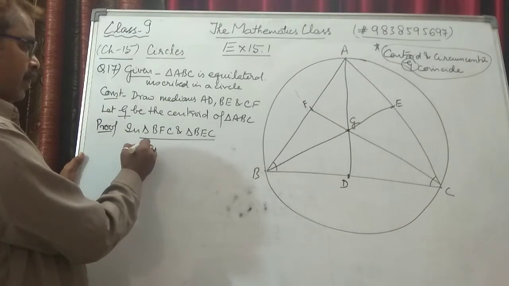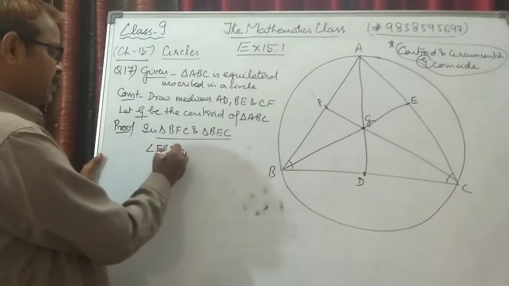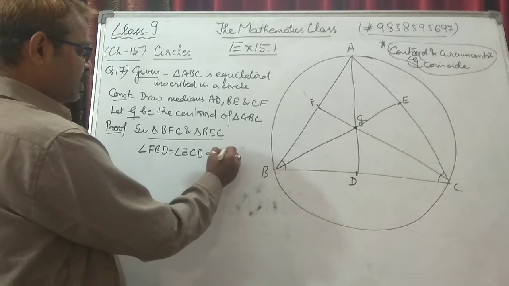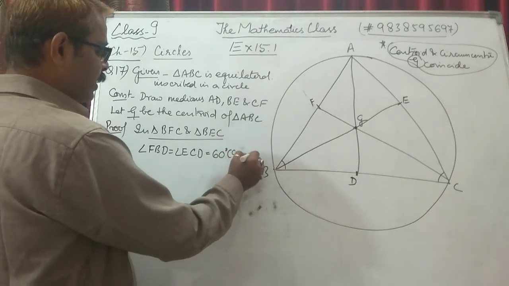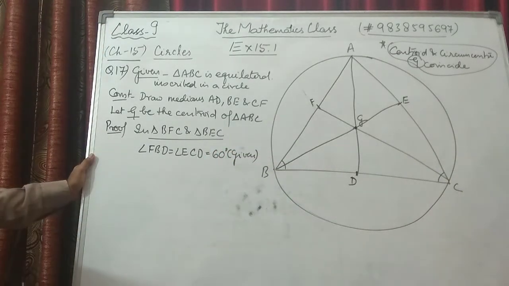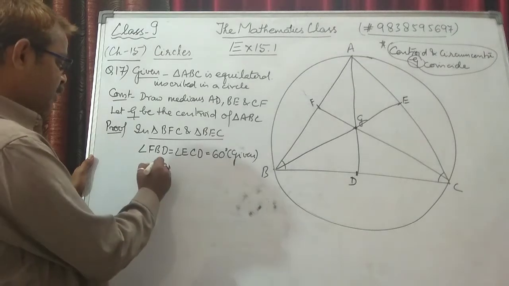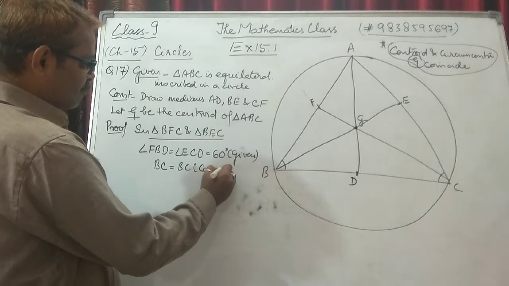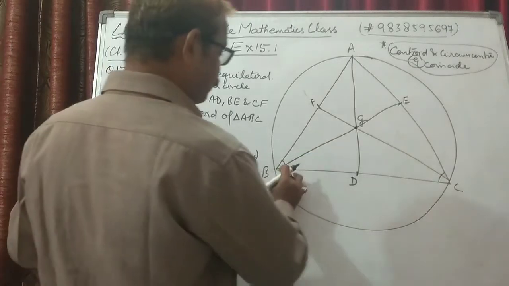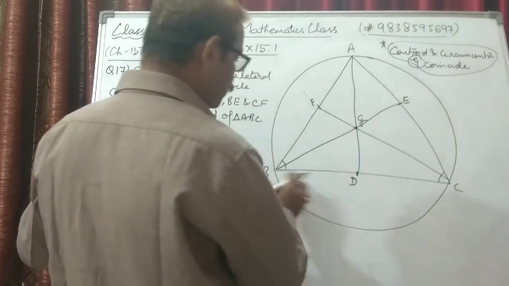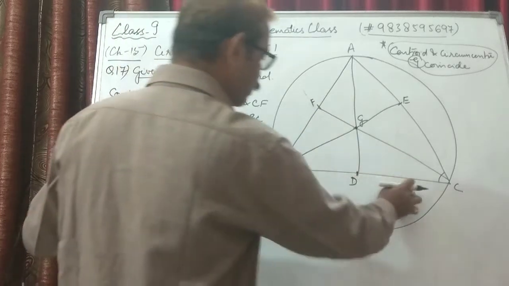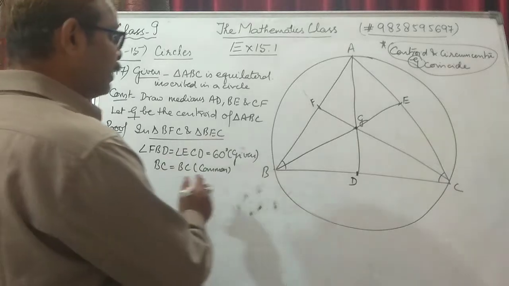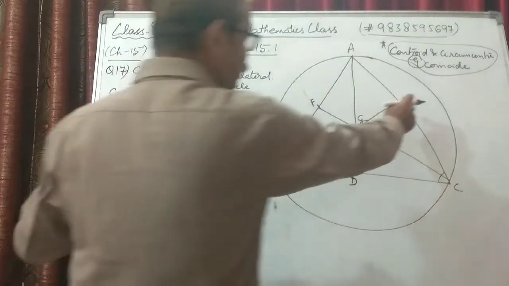We can say angle FBC is equal to angle ECB, equal to 60 degrees, and it is given. What is given? That ABC is an equilateral triangle. Then we can say BC is equal to BC because it is common. You can see BC is in triangle EBC also, and BC is coming in FBC also. So BC is common. And the second thing we can say, FB is equal to EC.